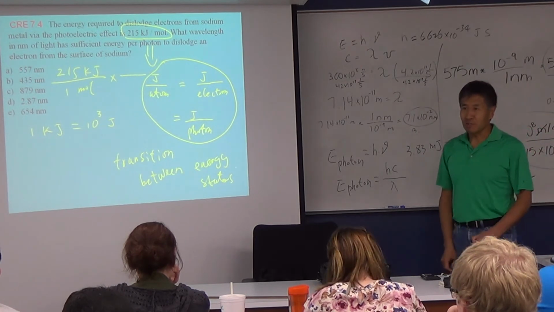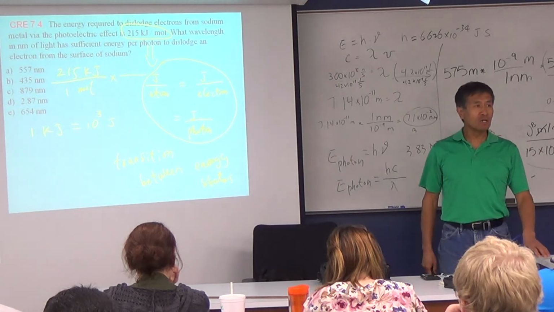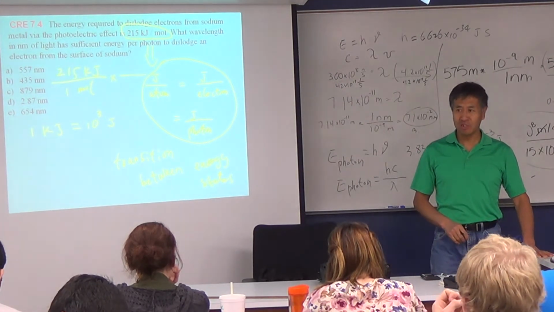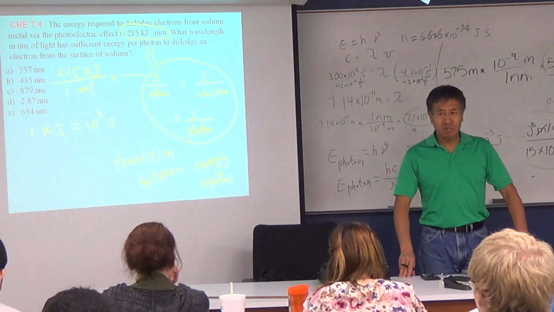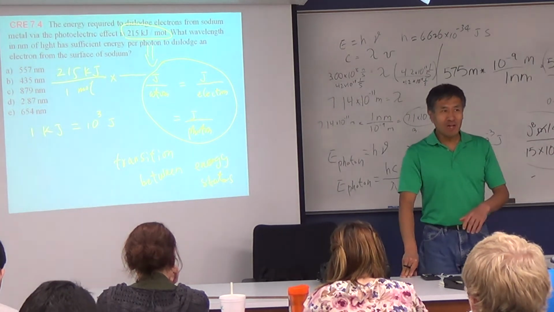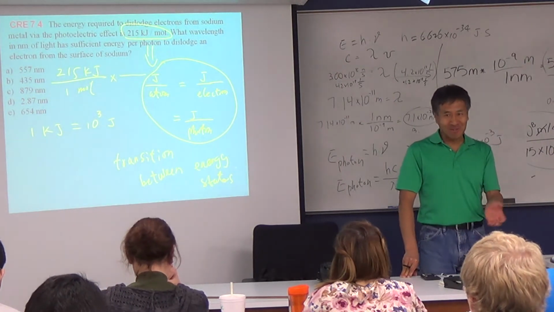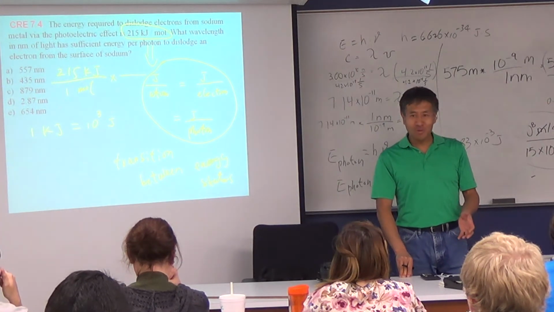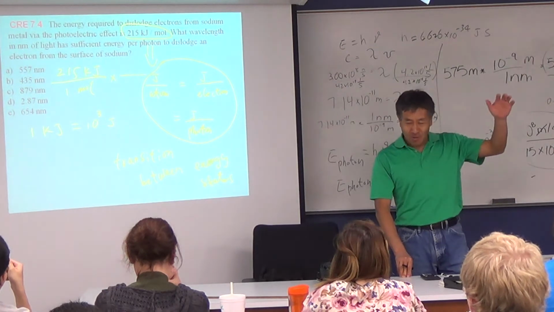So you can imagine every electron in the atom has some energy in it. And what you can do is stimulate it. For example, you can use electricity to make the electron go to some higher state than usual. Then it will fall back.